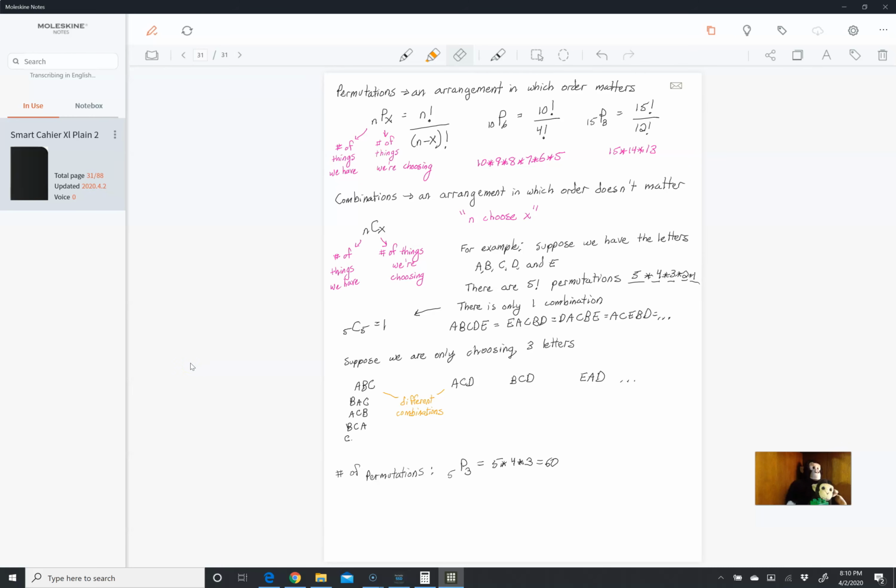It's the same as CAB. And it's the same as CBA. All of these are the same. So we have different combinations, but we also have a lot of repeats here.